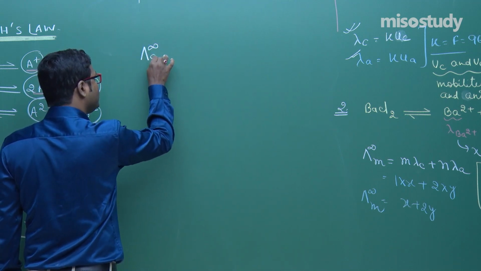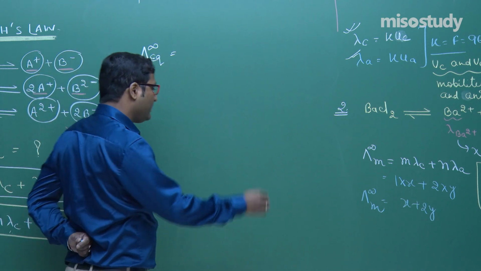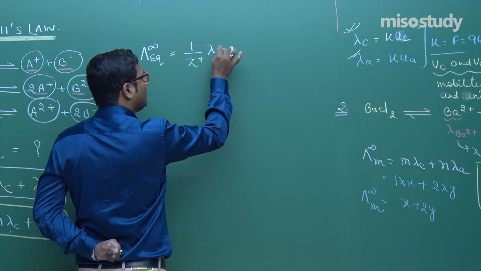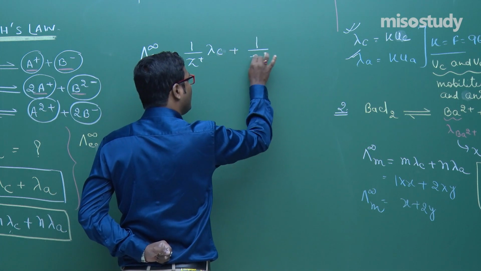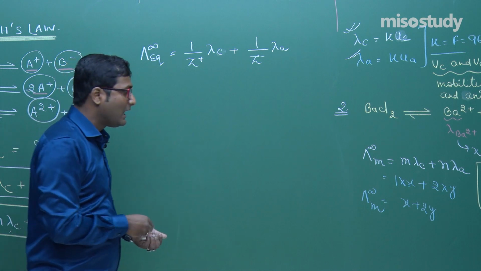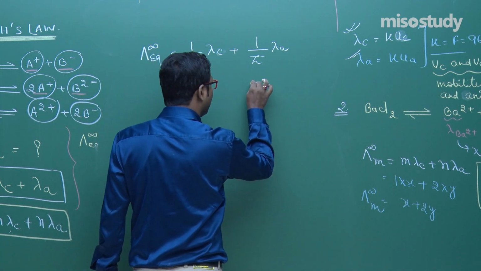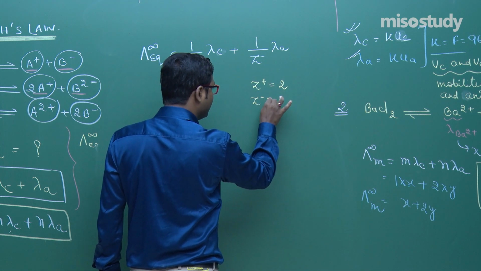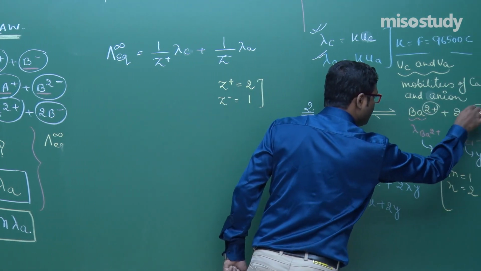Equivalent conductivity at infinite dilution, clear, will be equal to 1 upon Z plus lambda C plus 1 upon Z minus lambda A. Yes. Now what is Ba2 plus Z plus? That is the charge on ion. Z plus here is 2 and Z minus, Cl only 1 charge. Look at plus 2, this is minus 1.